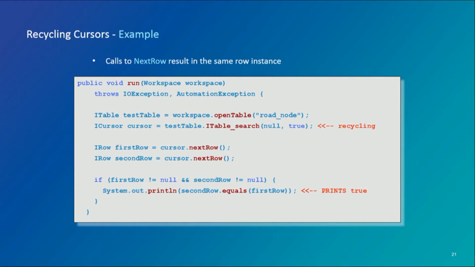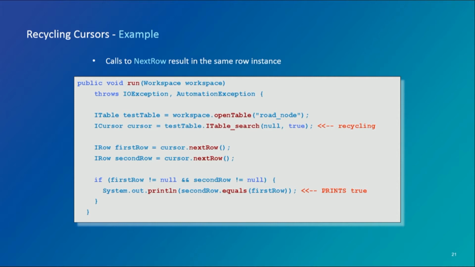So here's an example where we call next row. Let's walk through it. We open a table, and from the table we call search with no query filter, that's the null, and then the second parameter is recycling true. So these are going to be recycling cursors, and they're going to reuse the memory. So we walk the cursor by calling next row and storing that in first row, and then call for the next row and store that in second row.